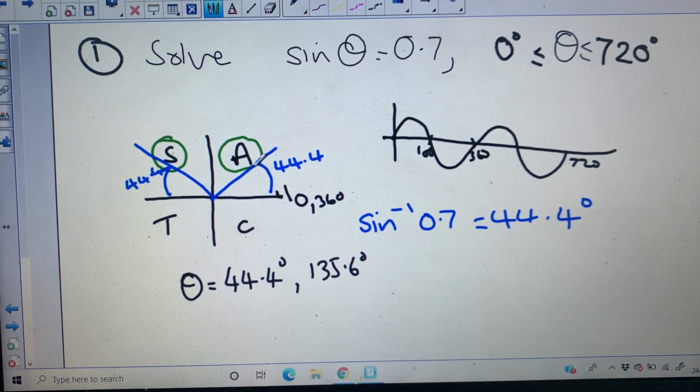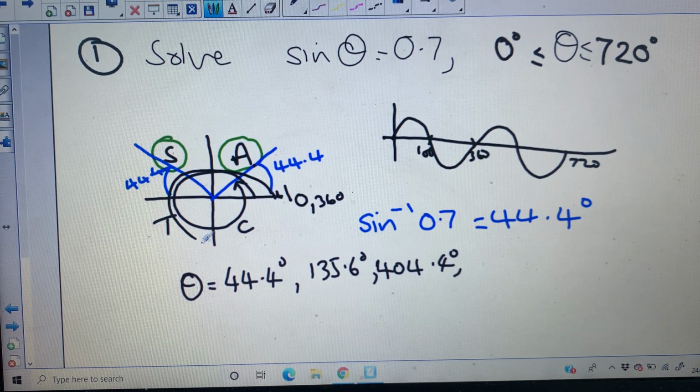So my next solution is 360 plus 44.4, which is 404.4 degrees. Then I keep going, round again, another 360 from 135.6. So 360 plus 135.6.